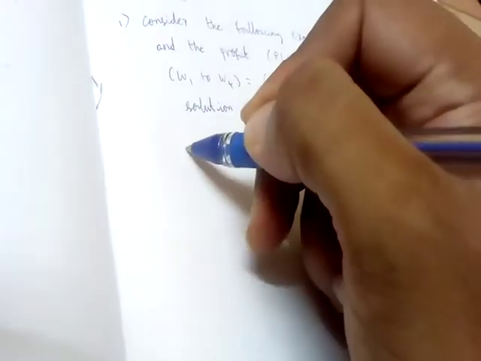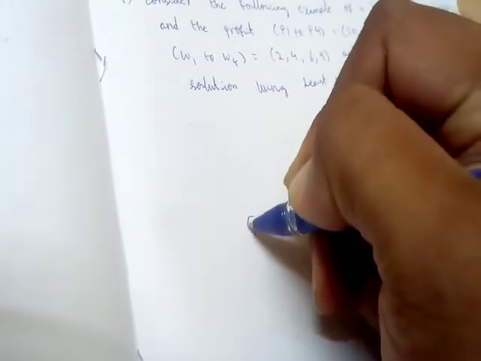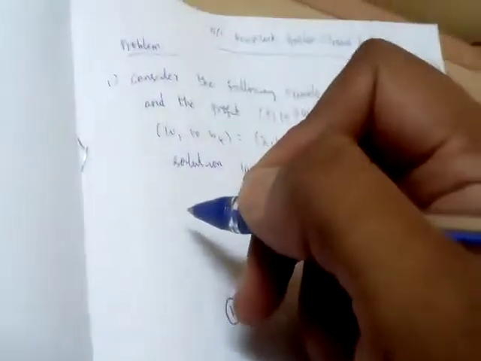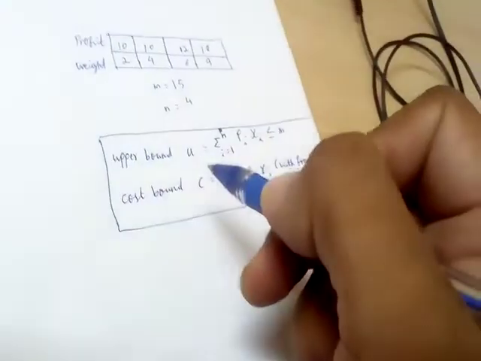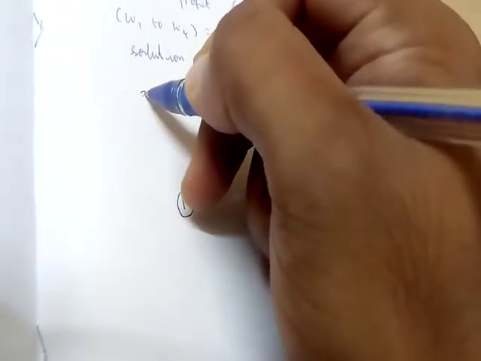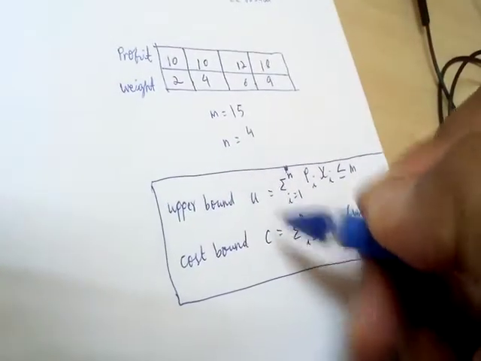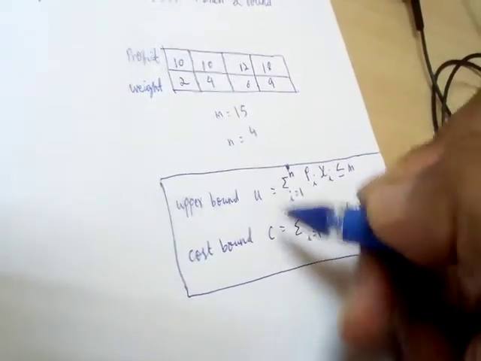Initially, I have to find the cost of node 1. In order to find it, let me consider a scenario where I will be solving the cost bound value and upper bound value.